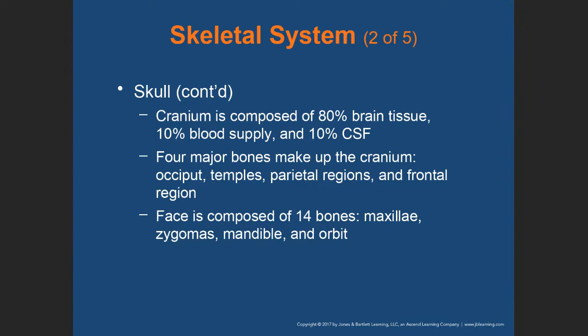So swelling or bleeding inside of the skull is not going to be a good thing. Four major bones make up the cranium: the occiput, temples, parietal regions, and frontal region. And the face is composed of 10 bones: maxillae, zygomas, mandible, and the orbit.